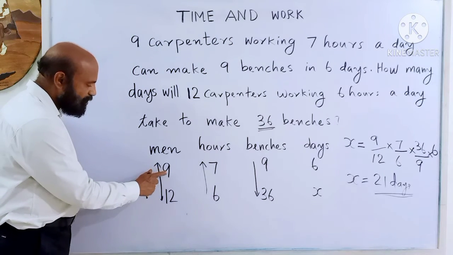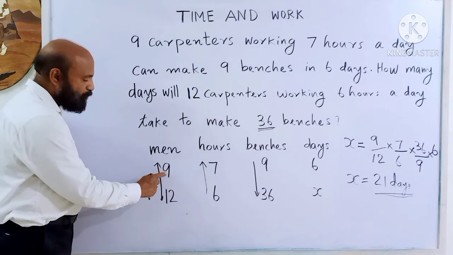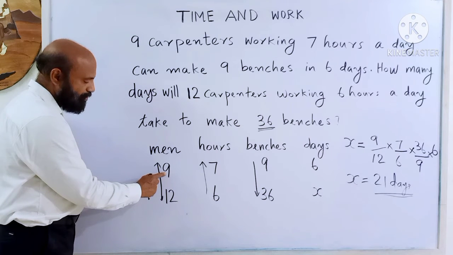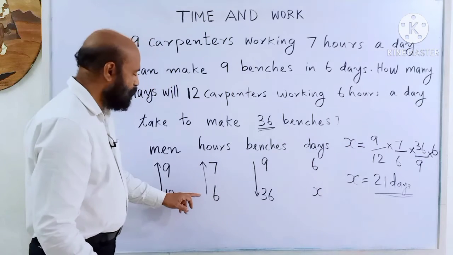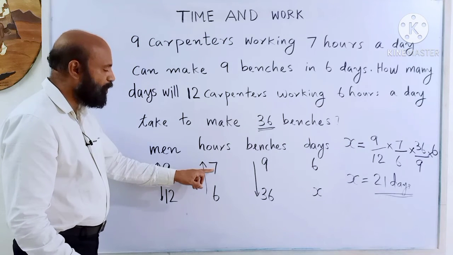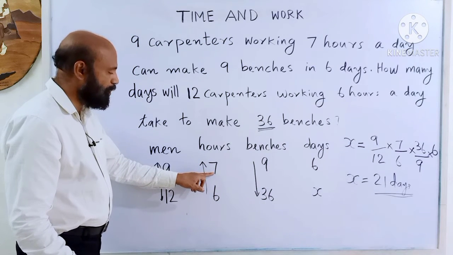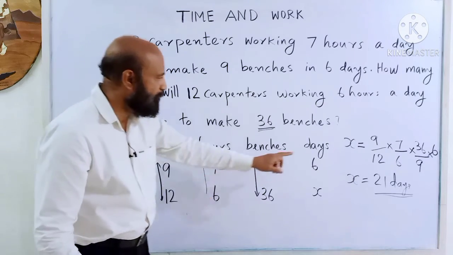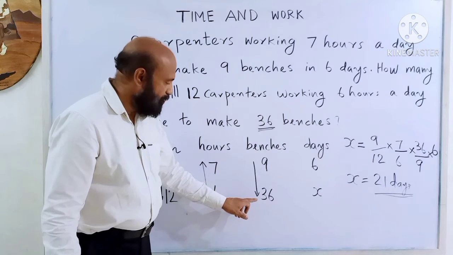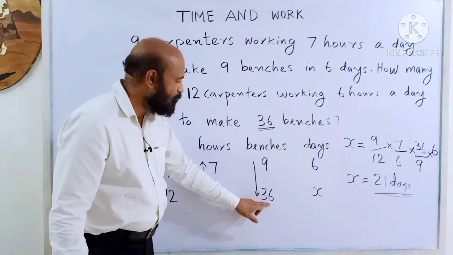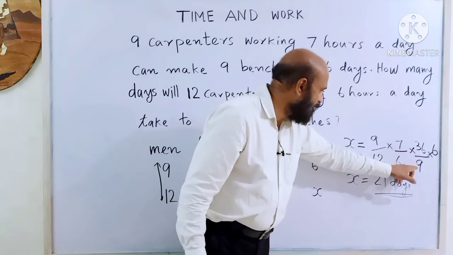then here you see 9 is at the arrowhead, so that is to be written in the numerator. So 9 by 12. The numbers at the arrowhead should be written in the numerator. So 7 by 6. Here the arrowhead is 36, so 36 by 9.